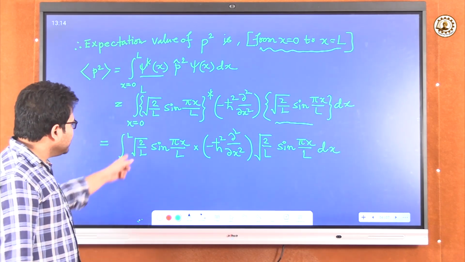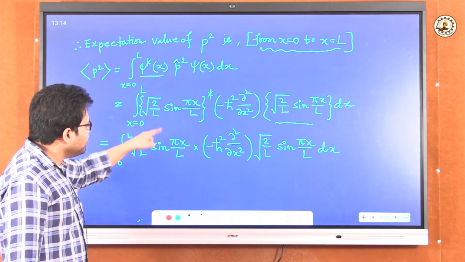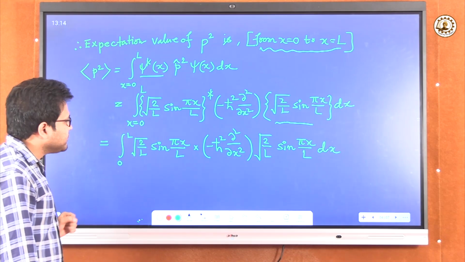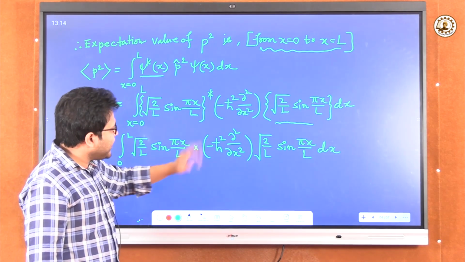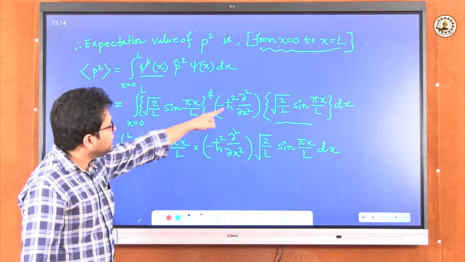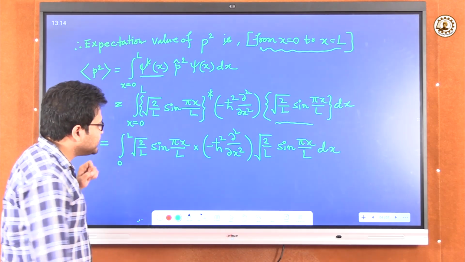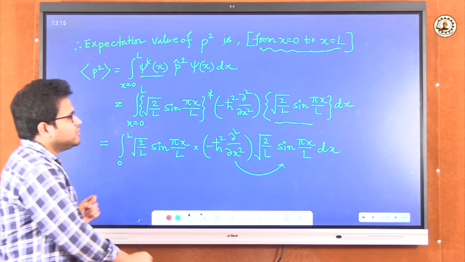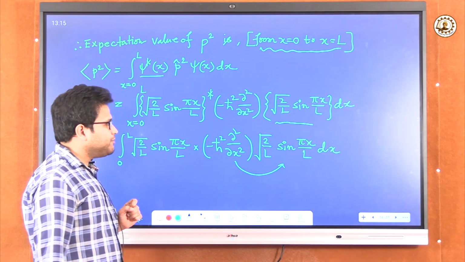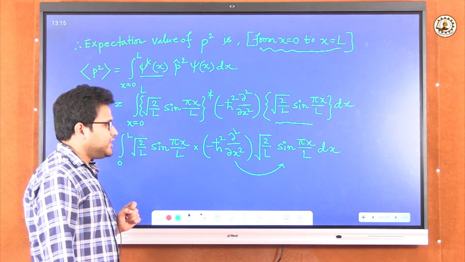So I am writing root under 2 by L sin pi x by L. Now what about this operated term? I am again writing minus h cut squared del 2 del x 2, which is going to operate on this wave function root under 2 by L sin pi x by L, dx.